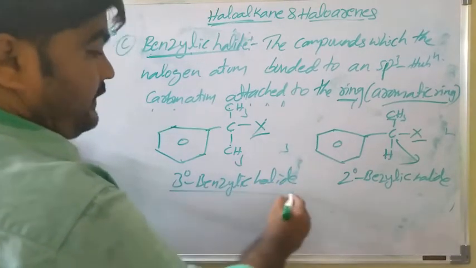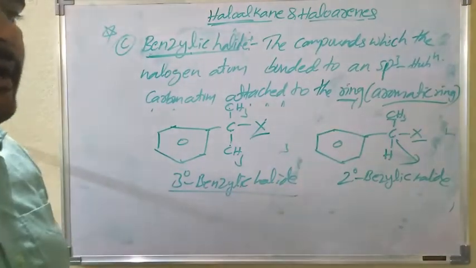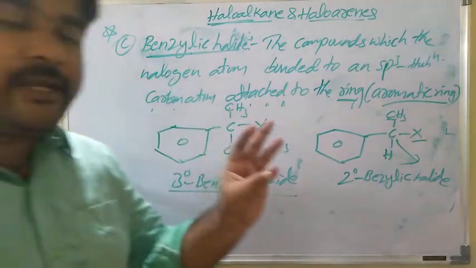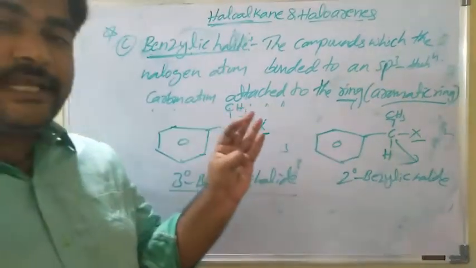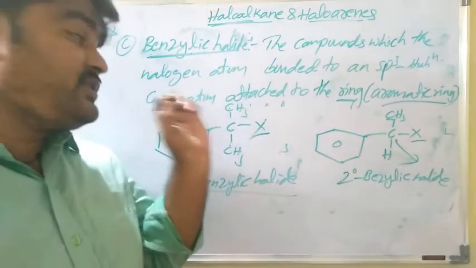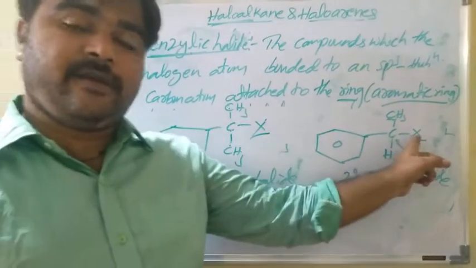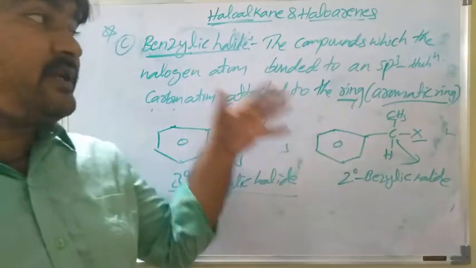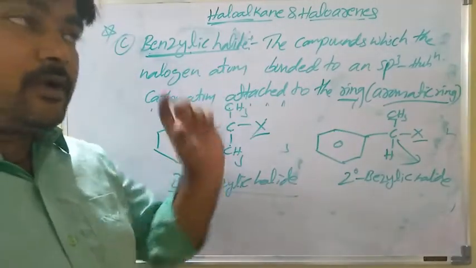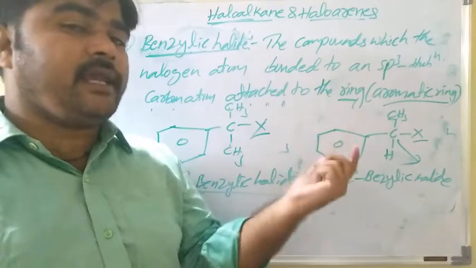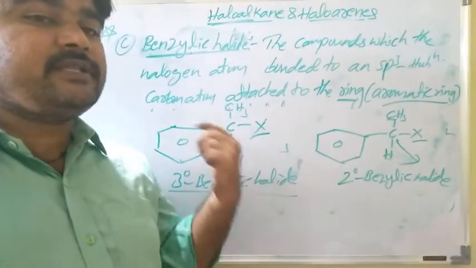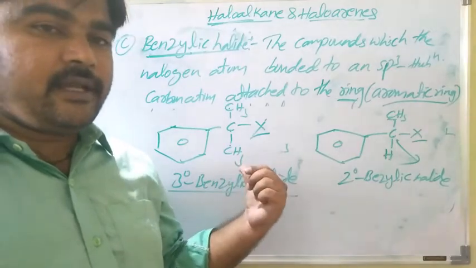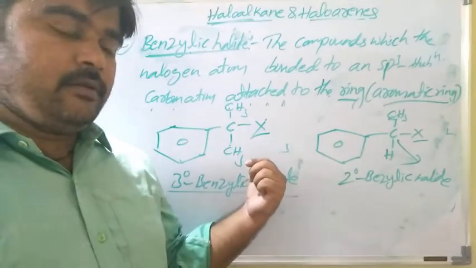So these are the benzylic halide compounds. So these all are alkyl halides, allylic halides, benzylic halides. The halogen is attached to which carbon atom? sp3 carbon atom. This is the main classification, very very important: how to identify whether a given compound is an alkyl halide, allylic halide or benzylic halide. These are the conditions. Is it clear? I hope you are understanding. So thank you.